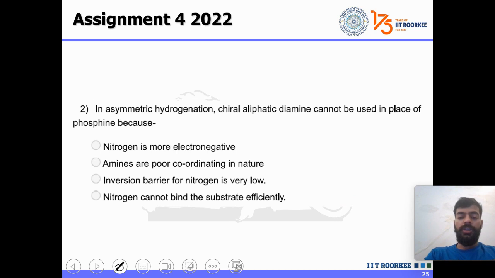In asymmetric hydrogenation, chiral aliphatic diamine can be used in place of phosphines because nitrogen is more electronegative, amines are poor coordinating in nature, inversion barrier for nitrogen is very low, or nitrogen cannot bind the substrate efficiently. This is a very interesting question, and I expect you to answer it. In asymmetric hydrogenation, chiral aliphatic diamine could not be used in place of phosphines. Why?